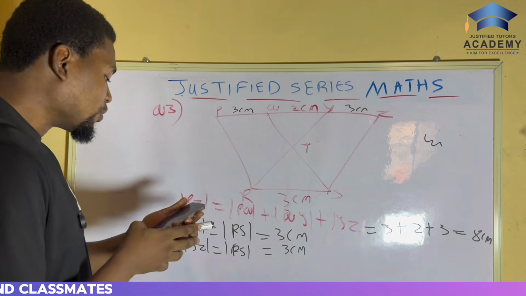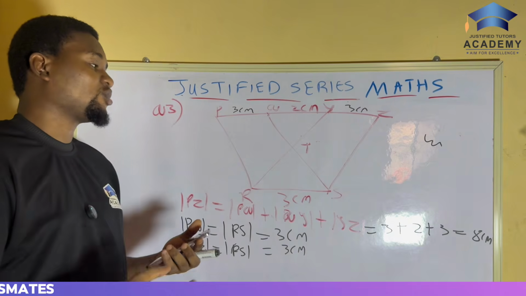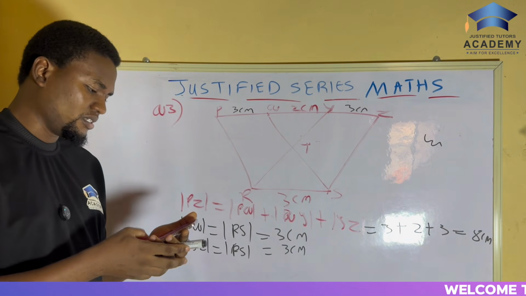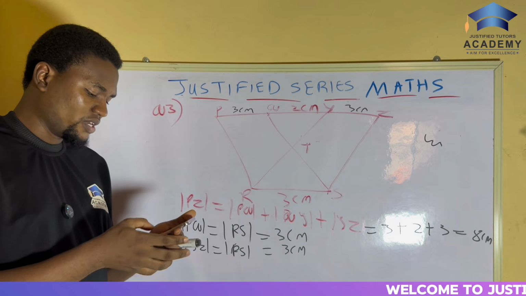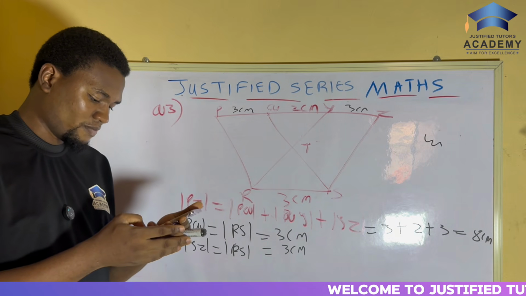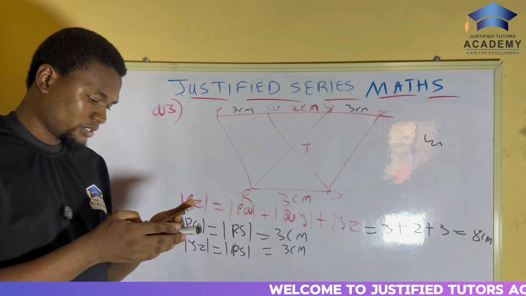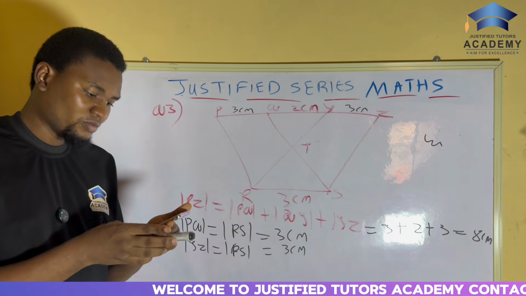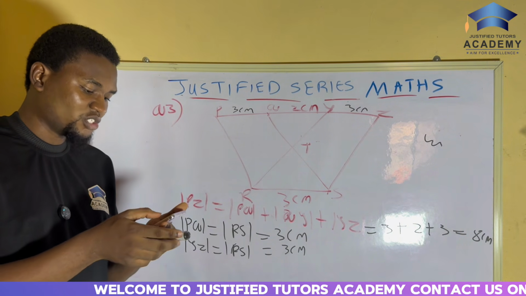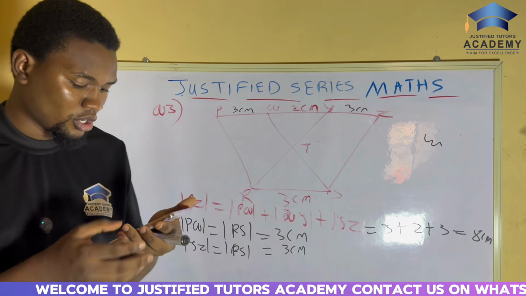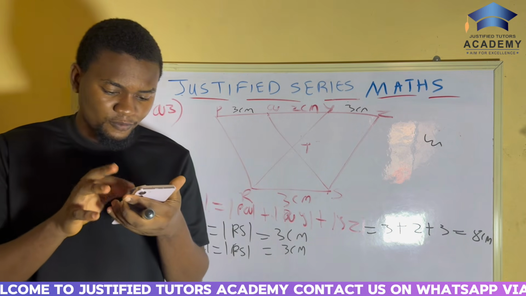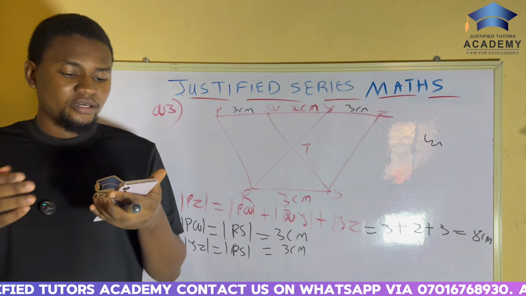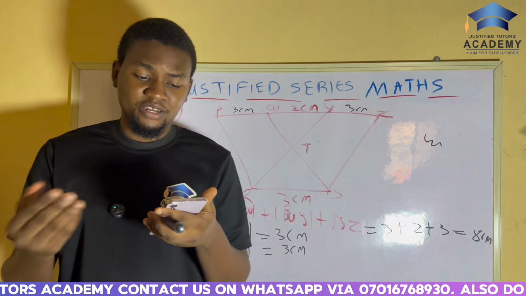So you need to pay attention to the property of a parallelogram. Let me quickly give you the properties of a parallelogram, because it is very important. I would have said go and check your book, but I don't trust some of your teachers if they will teach you all these things on parallelograms.